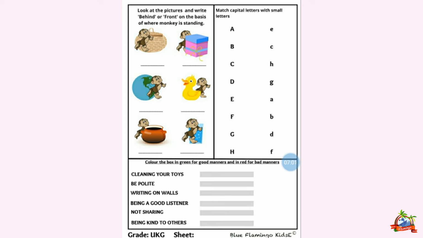G for grapes. GRAPES, grapes. H for horse. HORSE, horse. I for ice cream. ICE, ice. CREAM, cream. Ice cream.